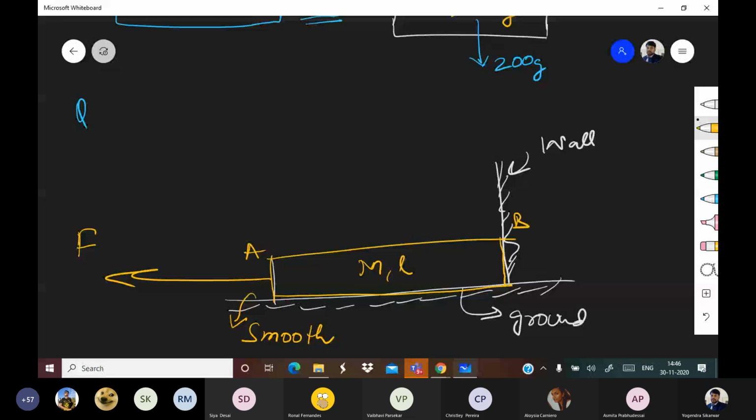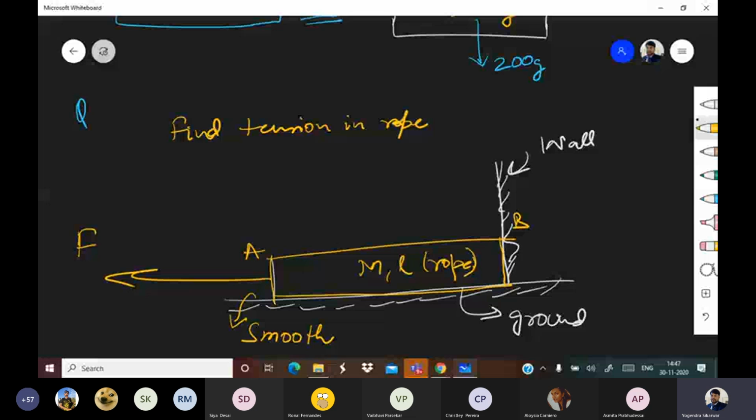Find tension in, let me call it rope, at distance x from end A. Please find.